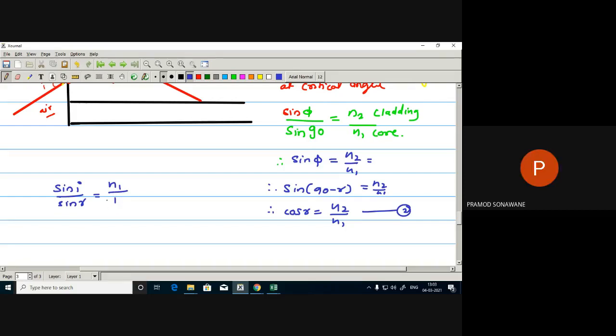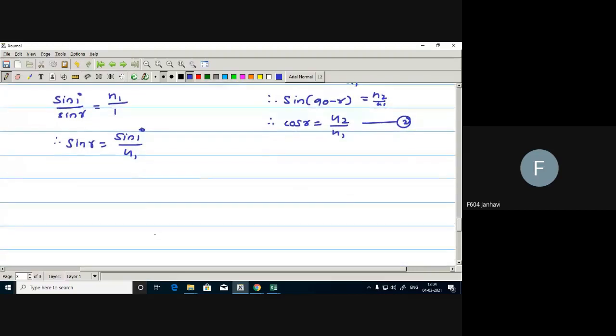Okay, so from this, sin r is equal to how much? If we take it across, what will come? Sin i divided by n1. Got it? Did you understand this equation? Yes, sir. We are going ahead a little, about 5 minutes.